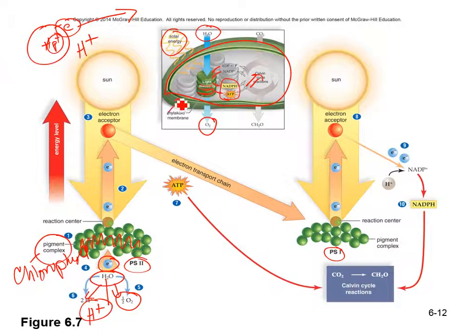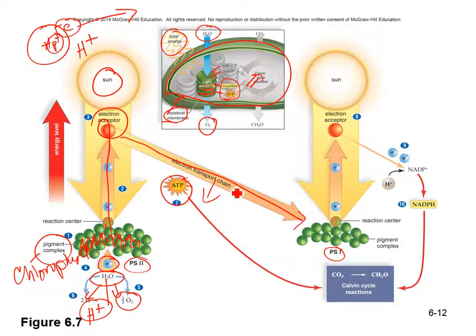Where's all of this happening? In chloroplast, right? Inside the thylakoid membrane. So this electron gets bounced around and gets energized because the sun is shining on it. This electron eventually gets so excited it reaches this electron acceptor state. It travels down this electron transport chain.